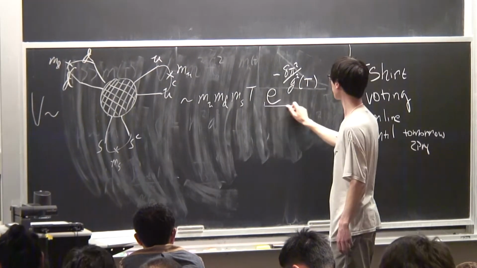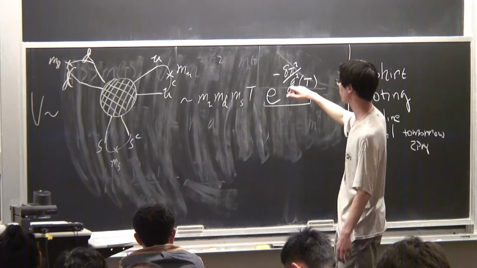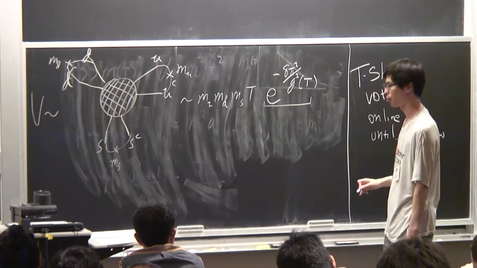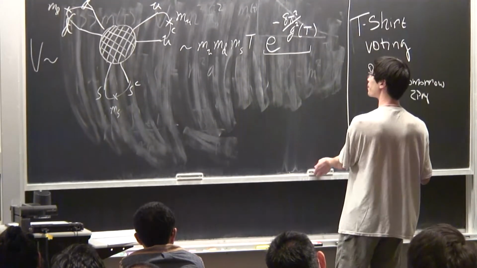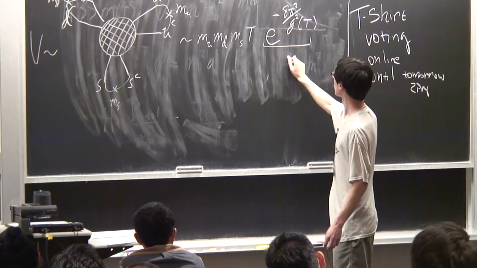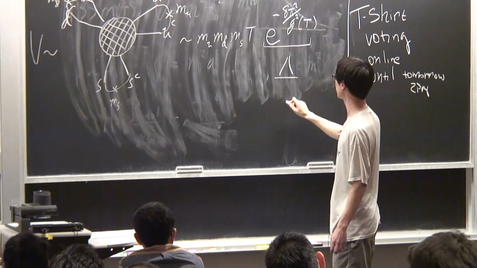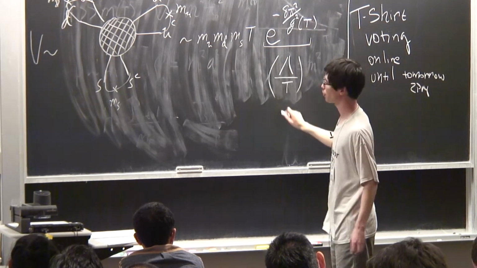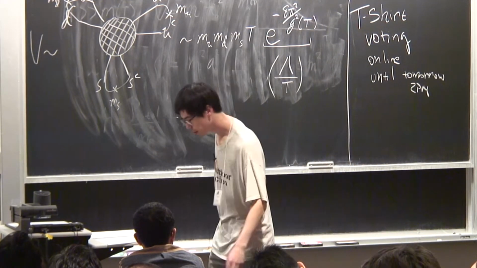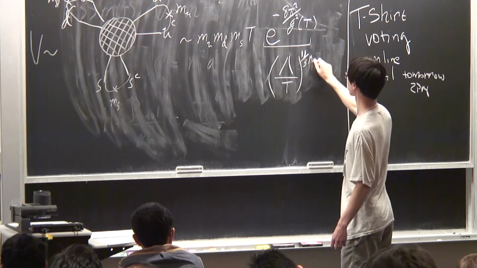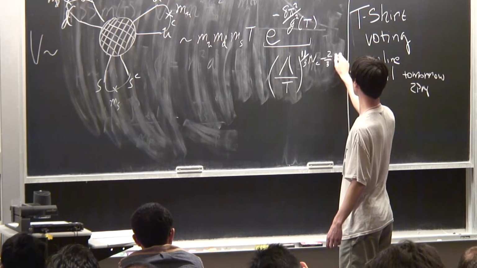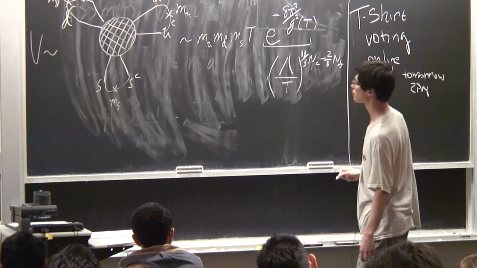Now, if you put in the one loop running for g, it is the confinement scale over T to the beta function, which is 11/3 number of colors minus 2/3 number of flavors.